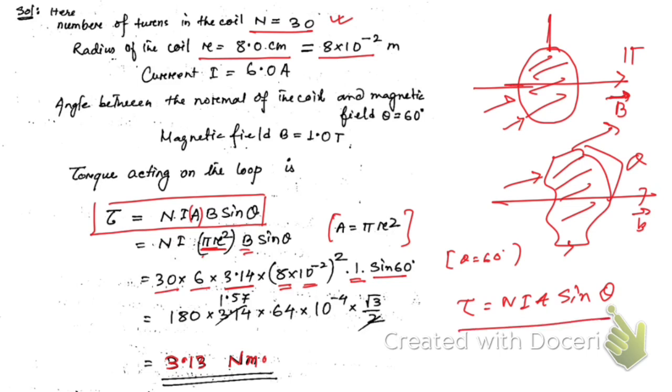In that case, torque will be same, because this torque doesn't depend on the shape, right? So if you keep the area same, then you will get the same torque. Hope you have understood this.